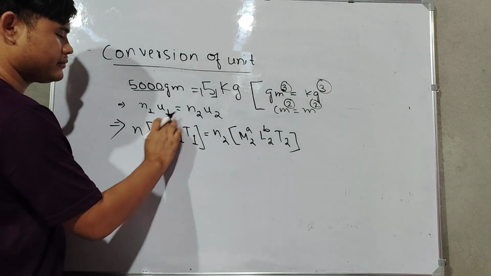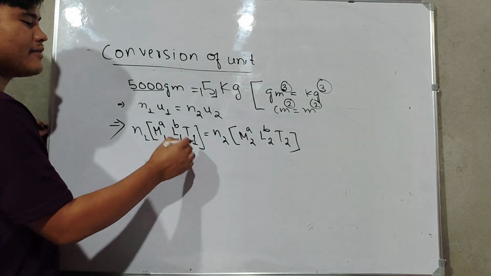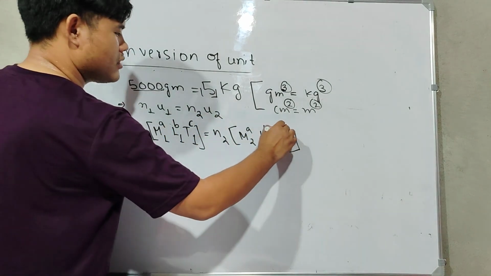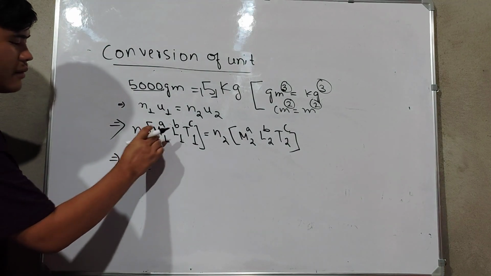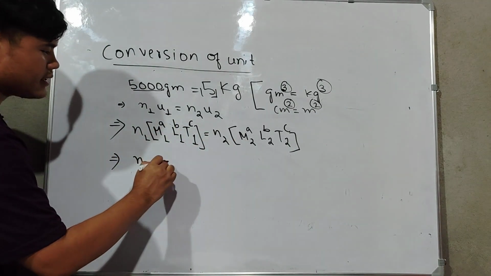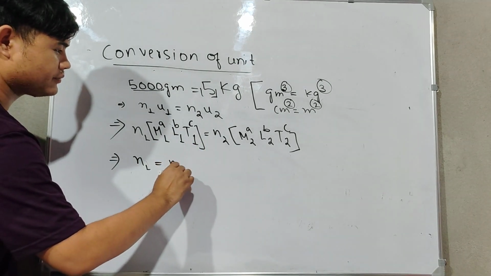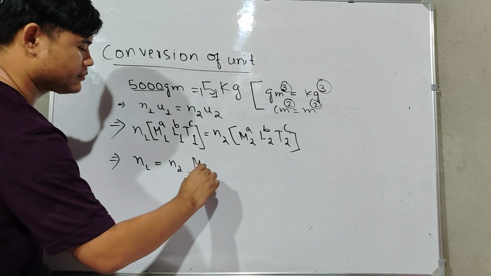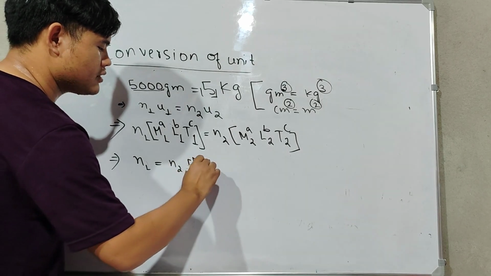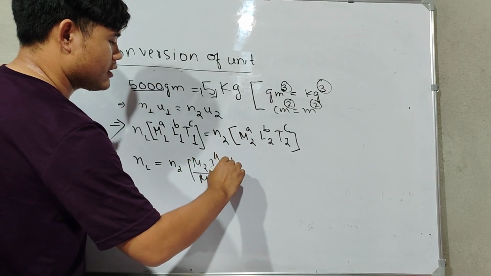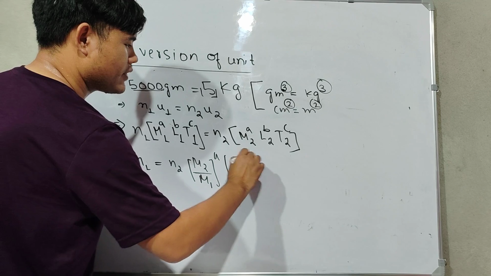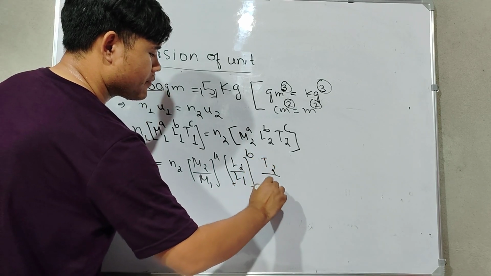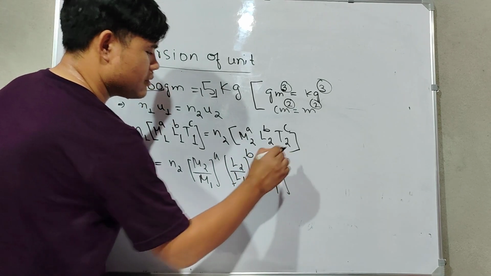And then T1, if I take the power as C, then it will also have C. So now when I take this one to here, what will I get? It will be M2 by M1 to the power A, and then L2 by L1 to the power B, and then T2 by T1, the dimension will be C.